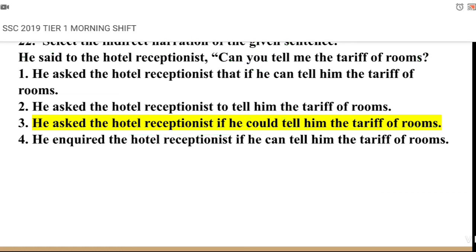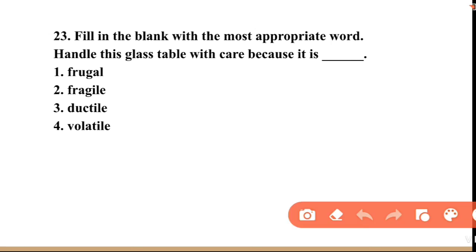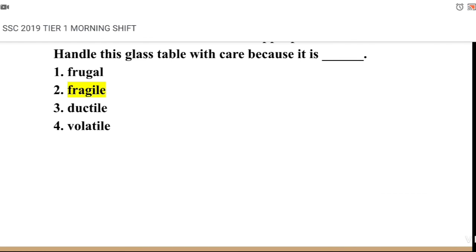Okay. Now let us look at question number 23. Fill in the blanks with the most appropriate word. Handle this glass table with care because it is fragile. Fragile means something that can be broken easily, something that is breakable. So option number 2 would be the answer.